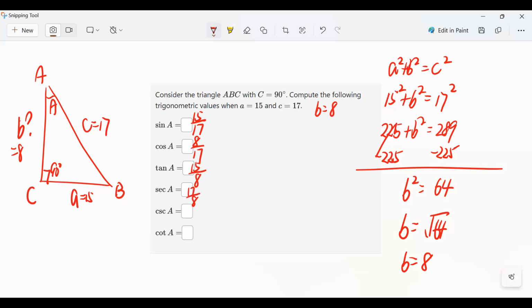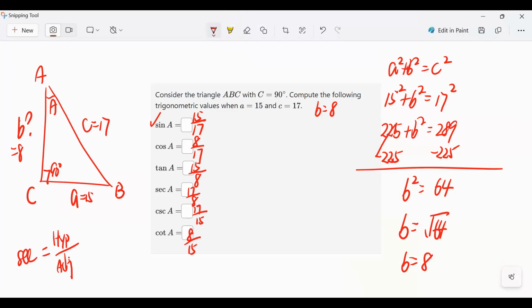Or you can do hypotenuse over adjacent. Secant is equal to hypotenuse over adjacent. This is the original definition of the secant. And cosecant is the reciprocal of sine, so 17 over 15. And then cotangent will be the reciprocal of the tangent, so 8 over 15.